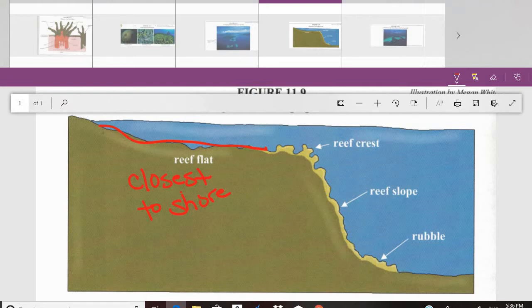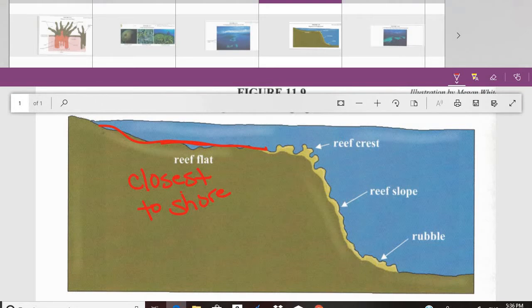Some of this reef flat could be exposed during low tide. And in here, you're not going to see a lot of diversity because there's going to be exposure to air, there's going to be sediment, there's going to be runoff. And so not as much diversity of coral in that area.